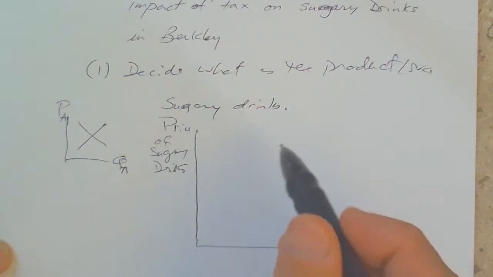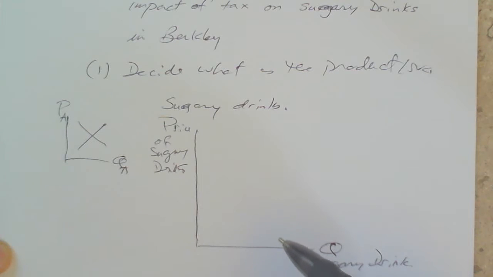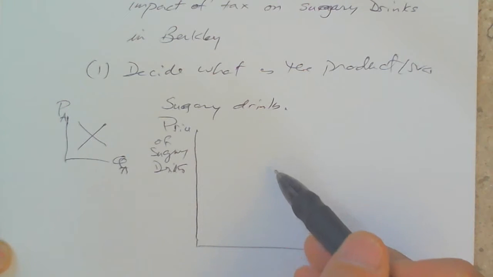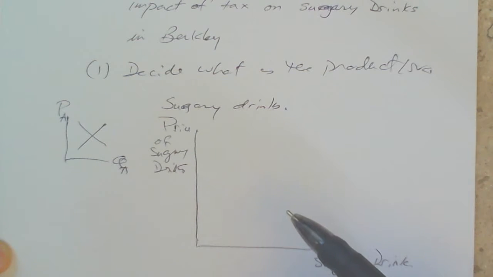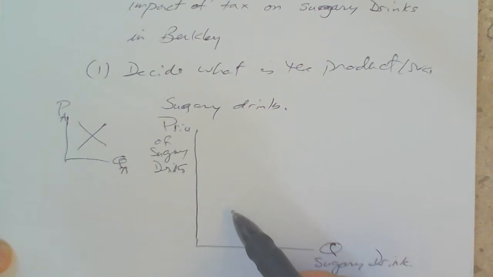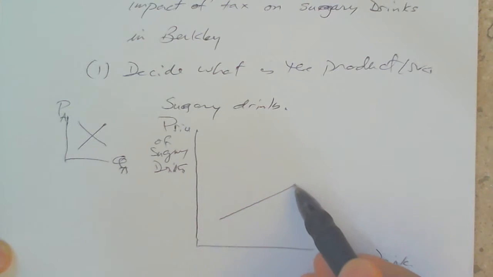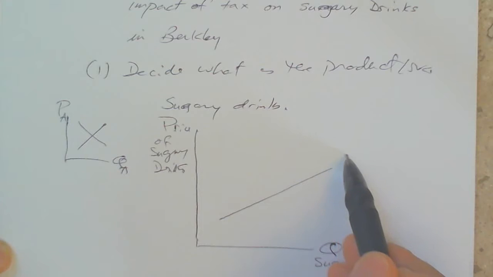So there is a production or supply of sugary drinks. There is nothing particular about it. It is cheap to make, cheap to transport, and there is a high profit margin and so forth. So you could argue that the supply curve is very easy to produce and distribute, so the supply curve is relatively flat.